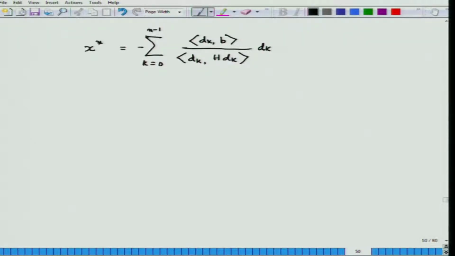So, what have I achieved here? I have been able to find the minimum of that problem. The minimum is obtained without inverting h. If h is very large, then we really do not want to invert it, because the cost of inverting a matrix is pretty high.